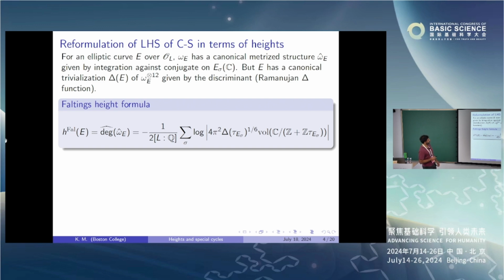It seems like this used the fact that I have this model for E over the ring of integers, but in fact it's independent of that as well. So it's actually an invariant of the elliptic curve. So the arithmetic degree of this metrized line bundle is invariant.